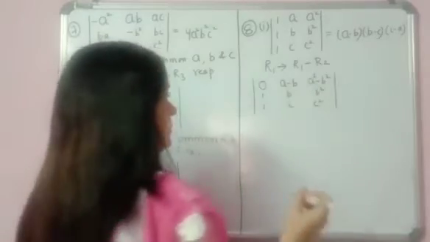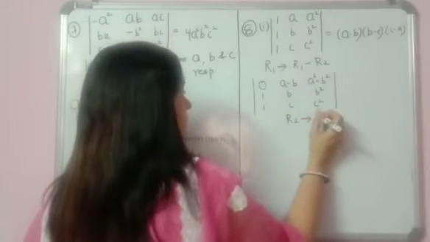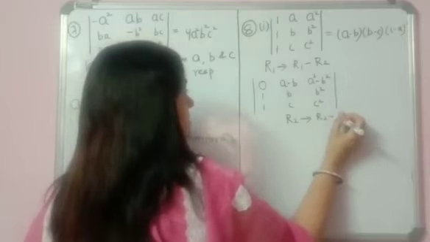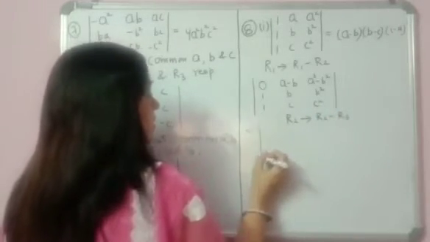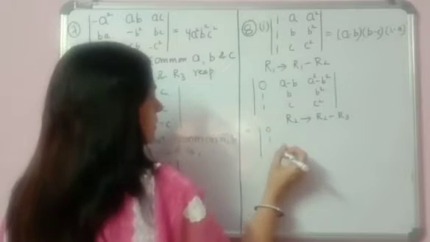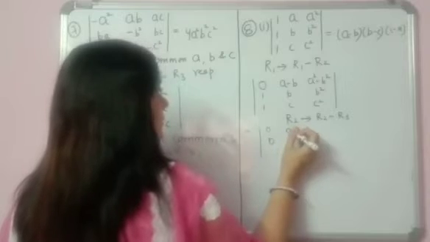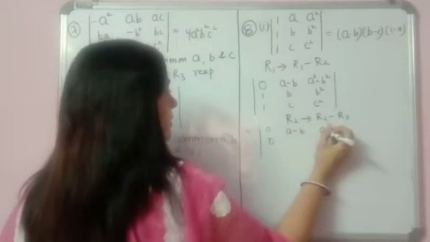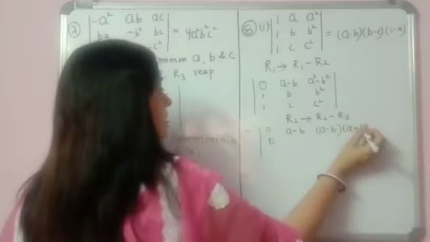Now again applying, that is changing R2 to R2 minus R3. So you have 0, a minus b, and you can write a square minus b square as a minus b into a plus b.